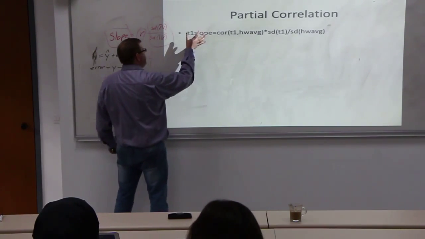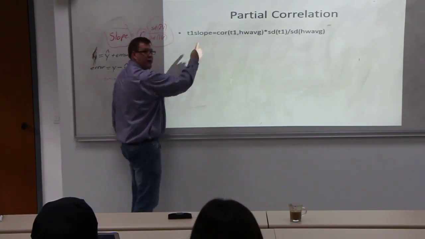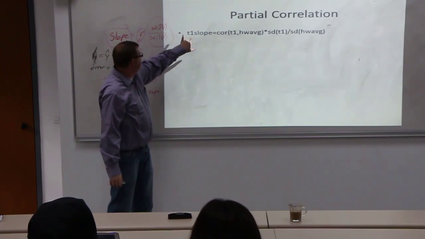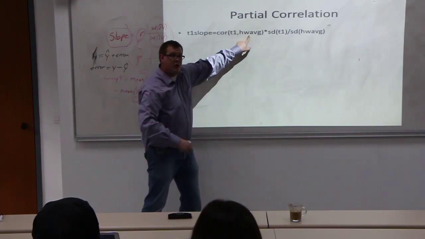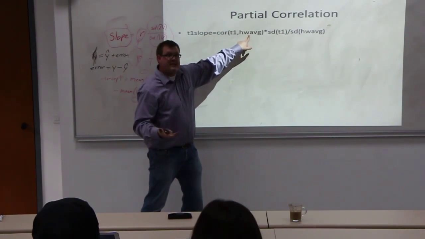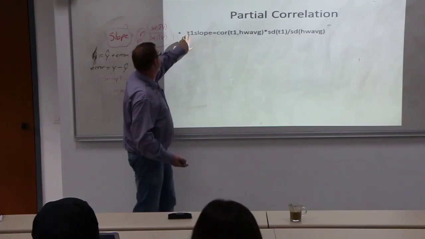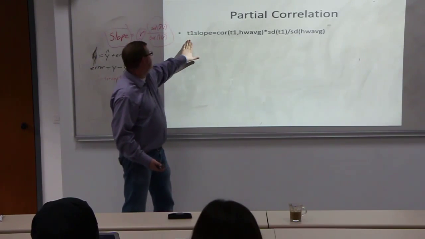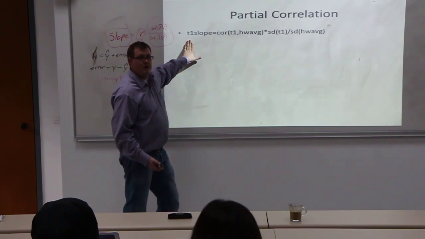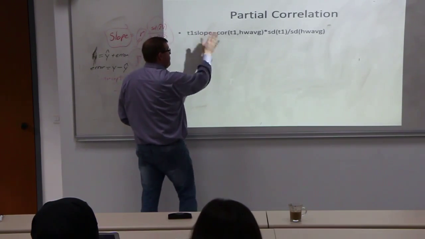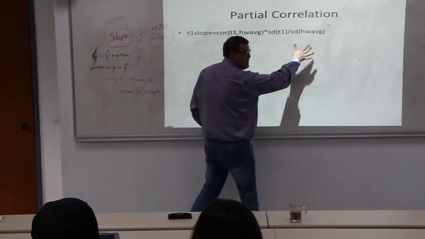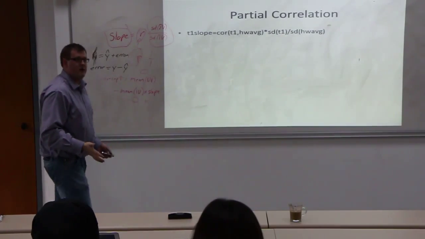So I'm calculating a slope for our test 1 scores from our homework. I'm going to partial the homework from our test 1 scores. This is exactly what I did before. I just, instead of naming it slope, I named it T1 slope to make it clear what I'm doing a bit later. So to find the slope, we multiply the correlation by the appropriate standard deviations, right?